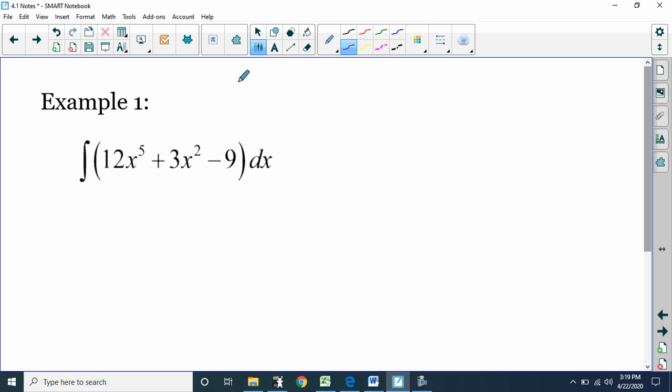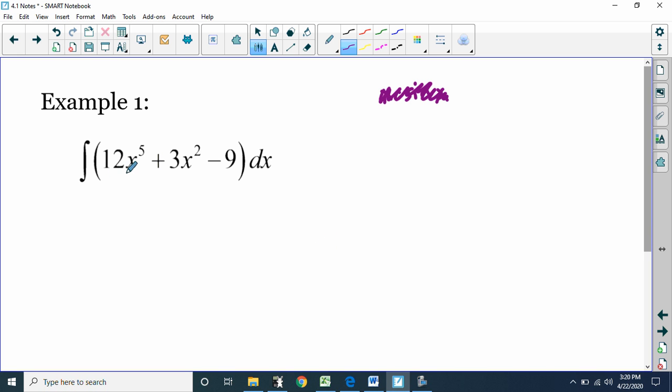Also, if we have a constant out front, we can just take that constant times the integral of the rest to get the integral of this entire term. Now that only works if this is a constant. If we have two variables like x times sine x, where if we were taking the derivative, we had to use the product rule here, you cannot just take the integral of this and the integral of that. That's something you'll learn later in section 4.5.